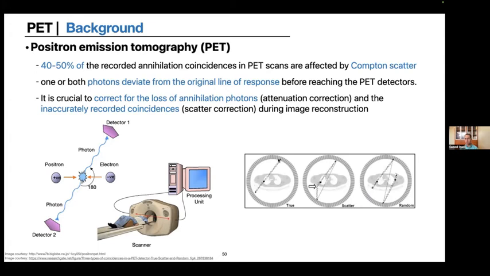The line along which the photons travel is called the line of response, and studies reveal that 40 to 50% of the recorded coincidences in a typical whole-body PET scan deviate from the original line of response before reaching the PET detectors, and this would result in loss. Lost photons are called attenuation, and inaccurately recorded coincidences are called scatter.